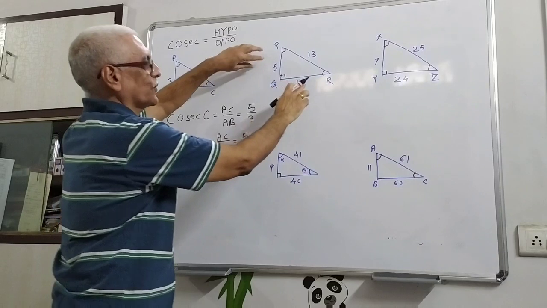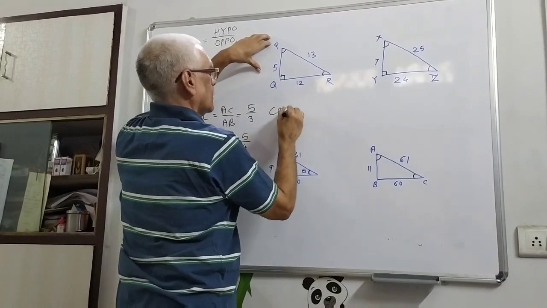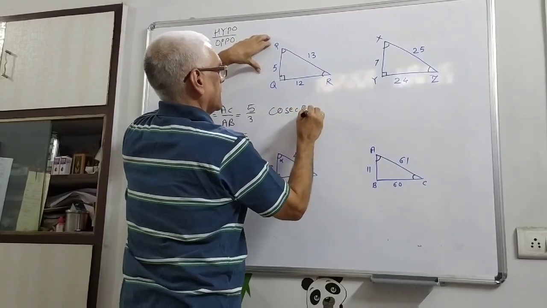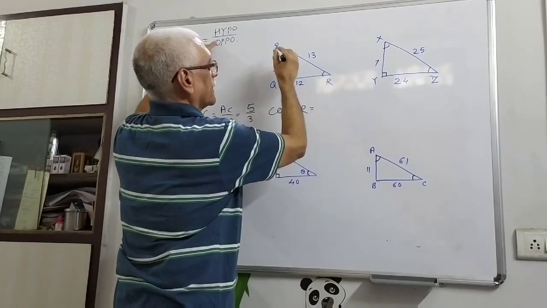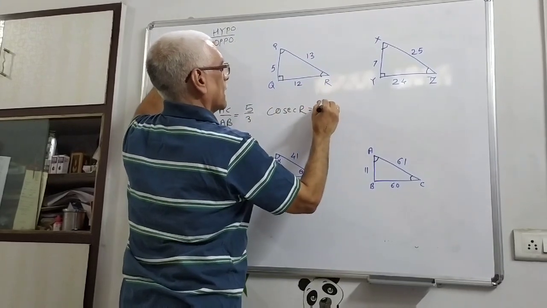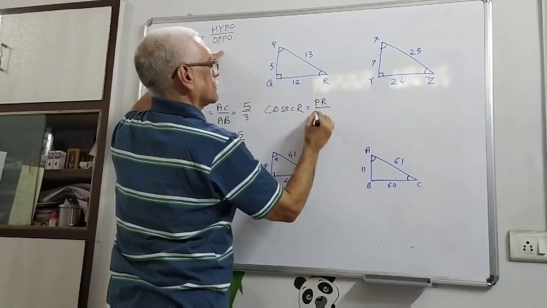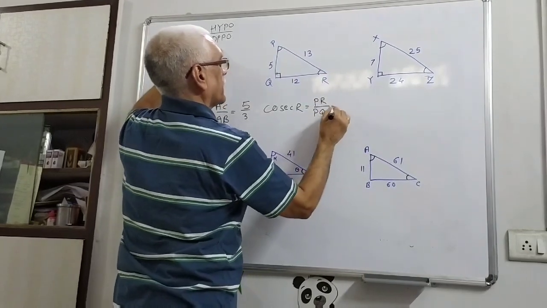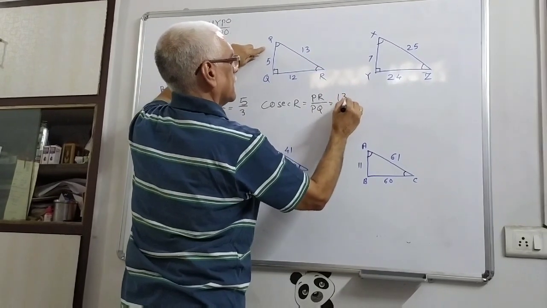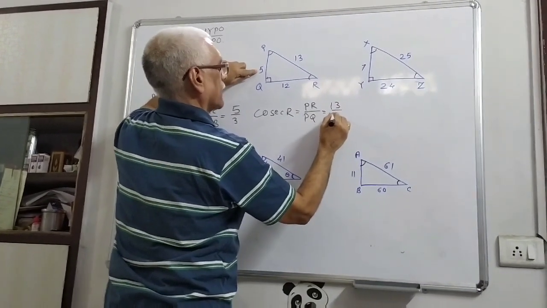So here if we want cosec of R, cosec means the numerator is hypotenuse, that is PR, upon the denominator, the opposite side, opposite to R is PQ. So PR is equal to 13 and PQ is equal to 5.